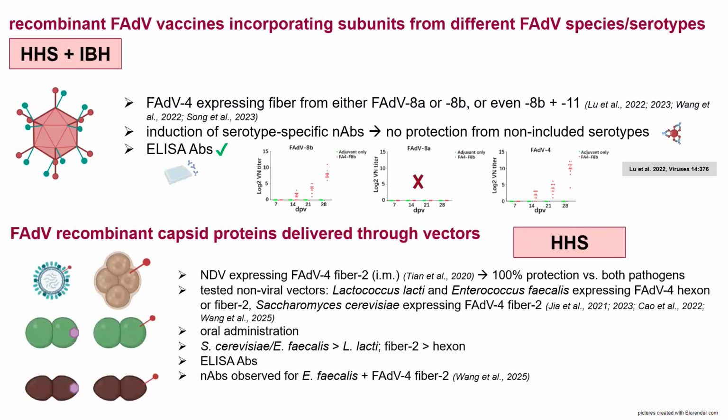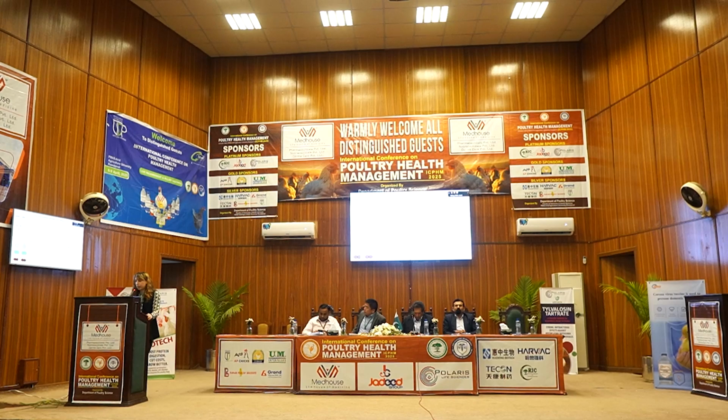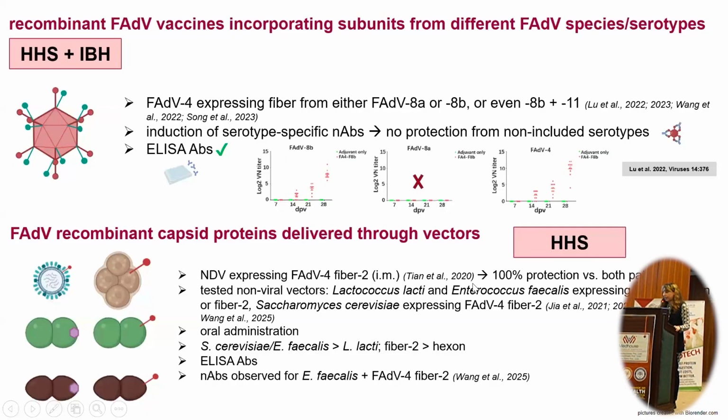Lastly, there are also Fowl Adenovirus recombinant capsid proteins that are delivered through vectors. We had Newcastle disease virus expressing the fiber FAdV4, fiber 2, that is delivered intramuscularly. This is a study from 2020, which also granted full protection against both challenges, so NDV and FAdV4. Also, non-viral vectors have been tested.